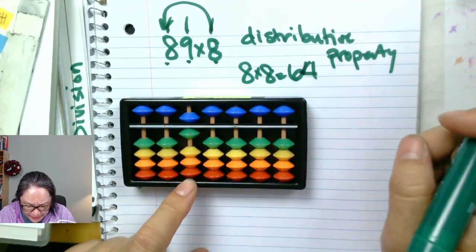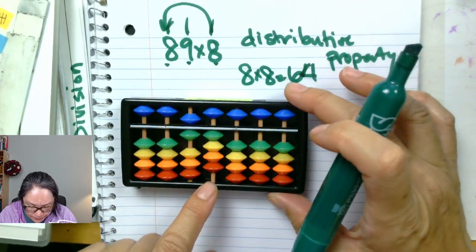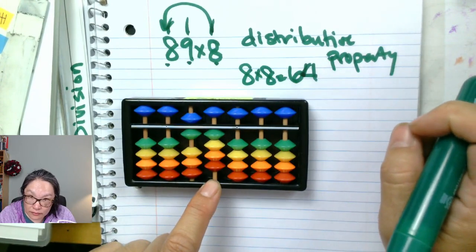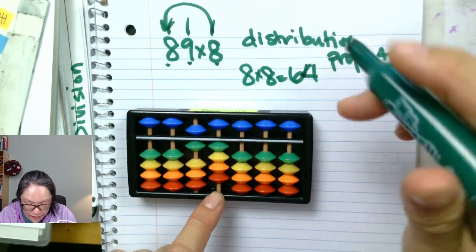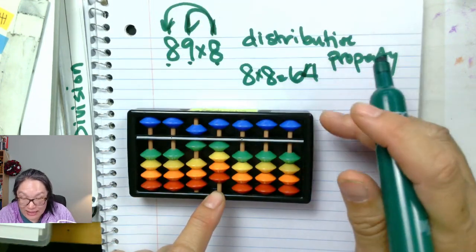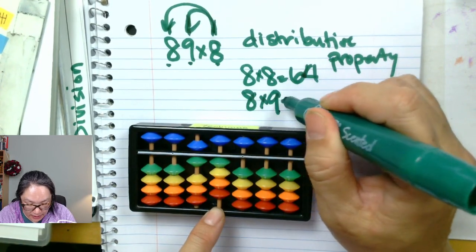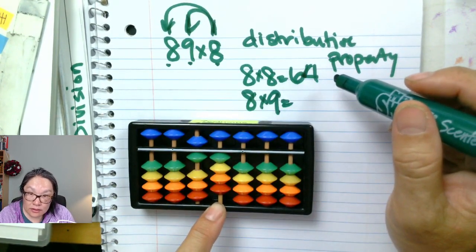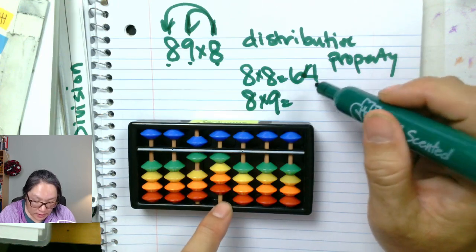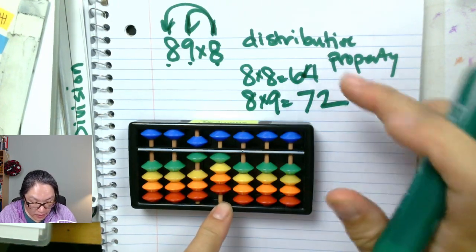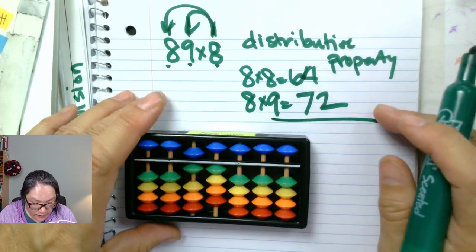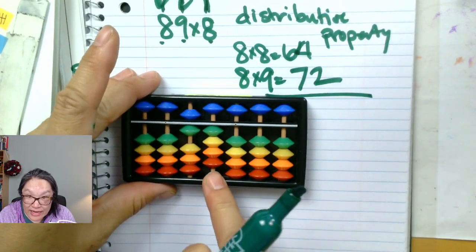I add 6, and then I add 4. Now what do I do? 8 times 9. 8 times 9 is what? 72.